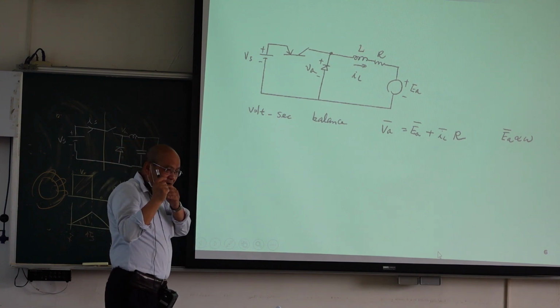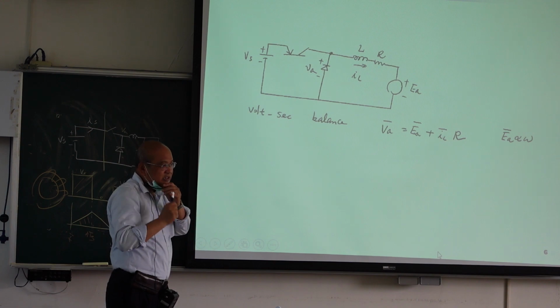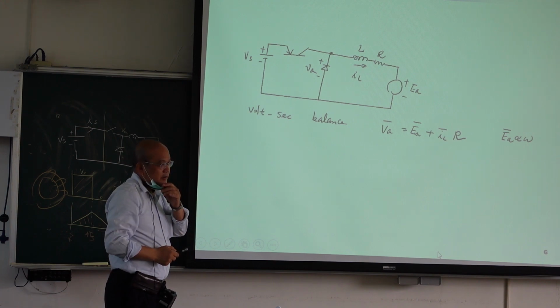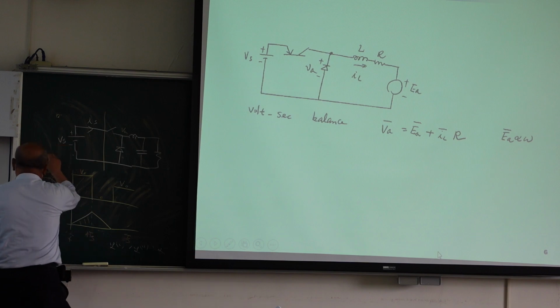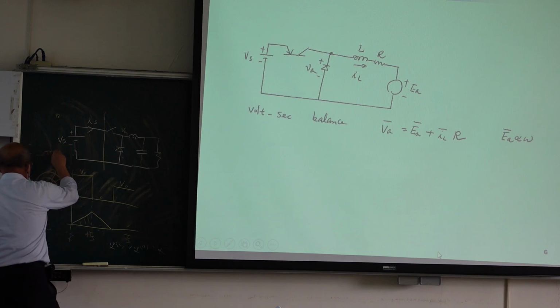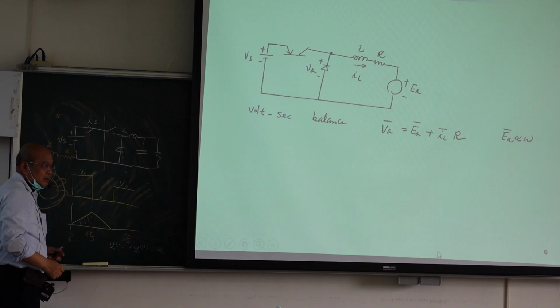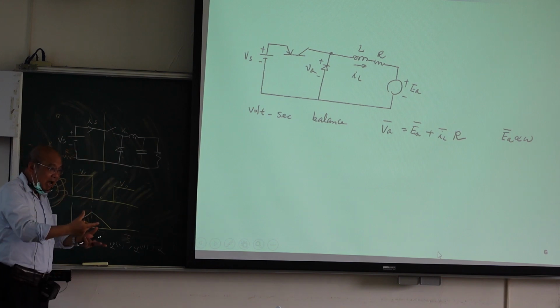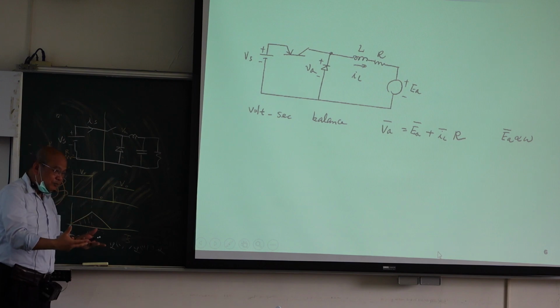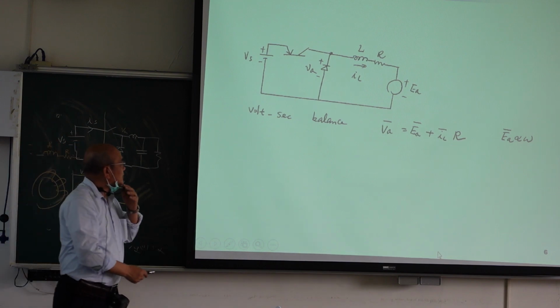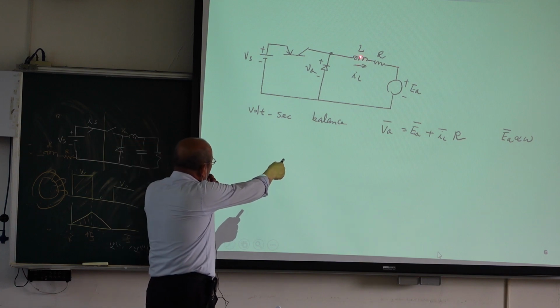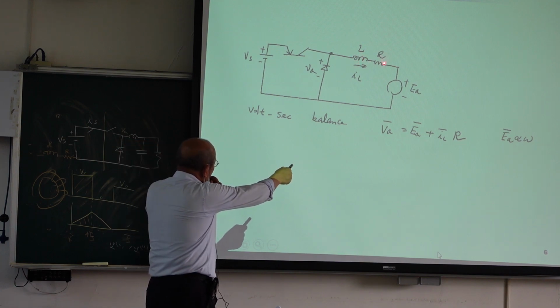But do you think it also has resistance? Because it is a line, right? The line should create resistance. So you have to model the inductor with inductance and resistance. So this is your output.